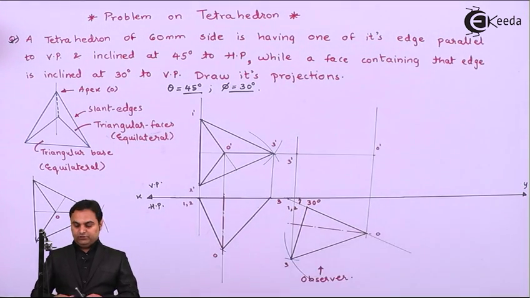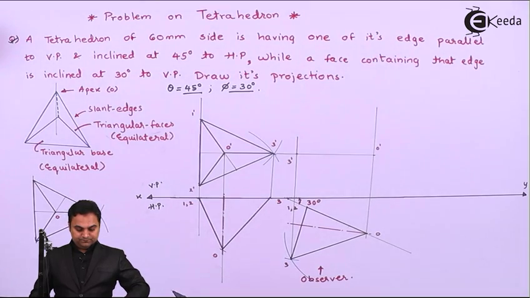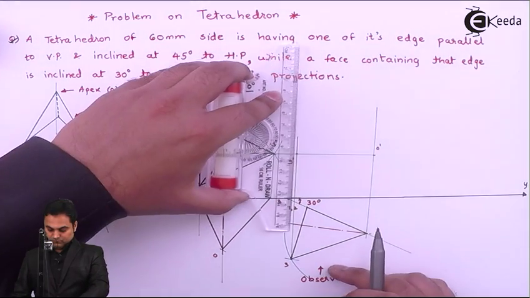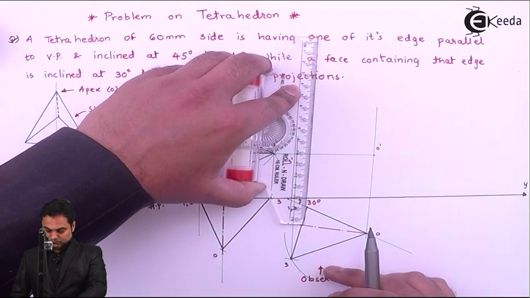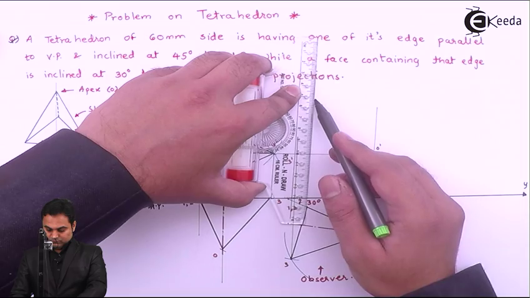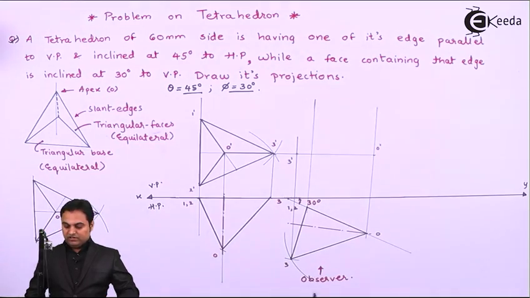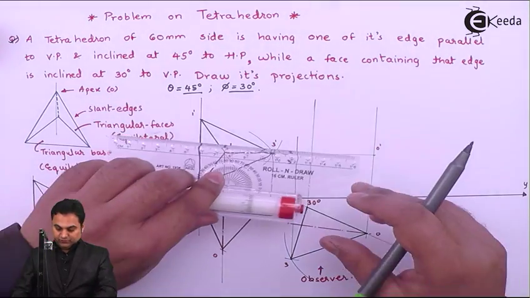Next, points 1 and 2 will be projected. With a light line, projecting 1 dash first.